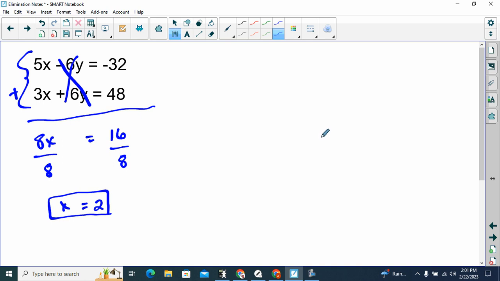Don't forget, a system of equations has both an x and a y. We need to solve for both variables. We now go back to either one of the original equations. I'm going to go to the top one, and we replace the x with 2. So I have 5 times 2 minus 6y equals negative 32. 5 times 2 is 10.